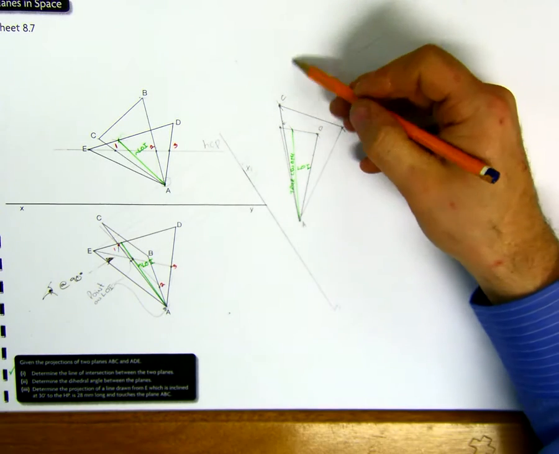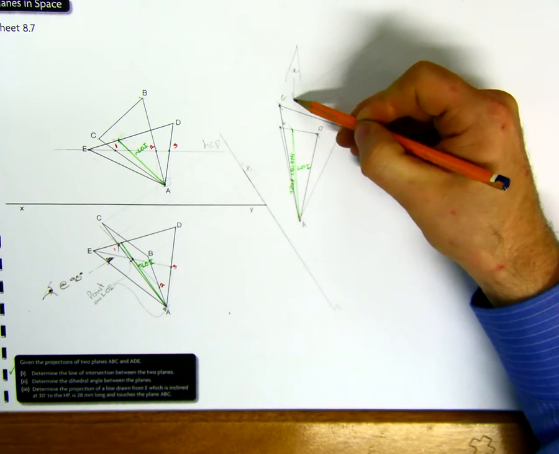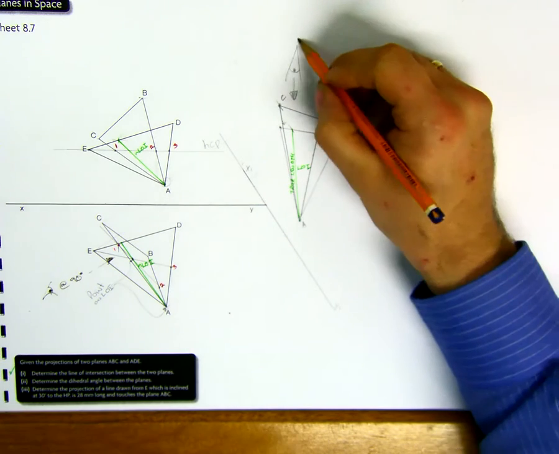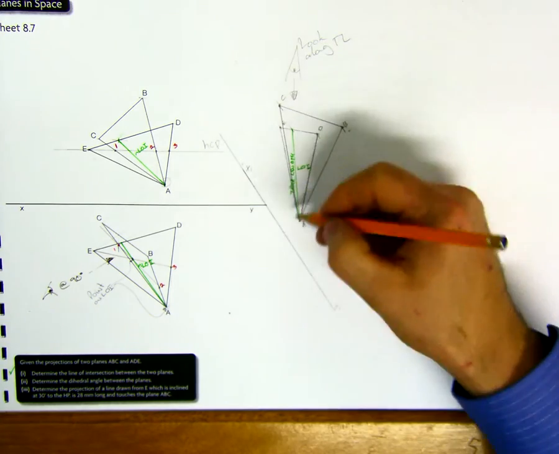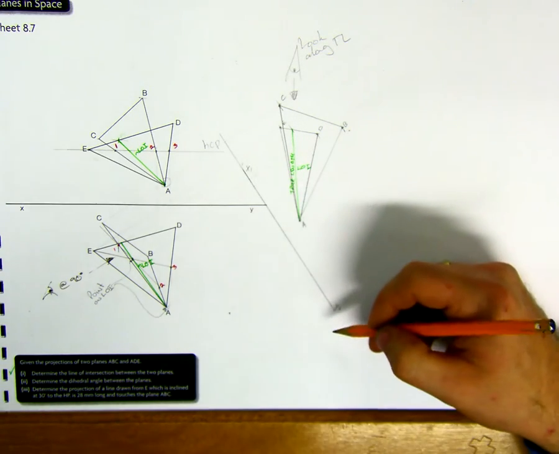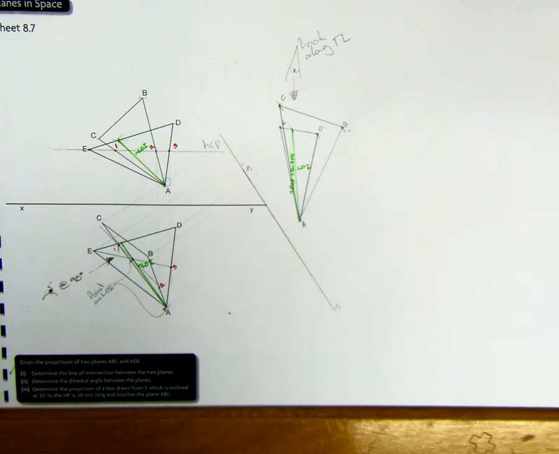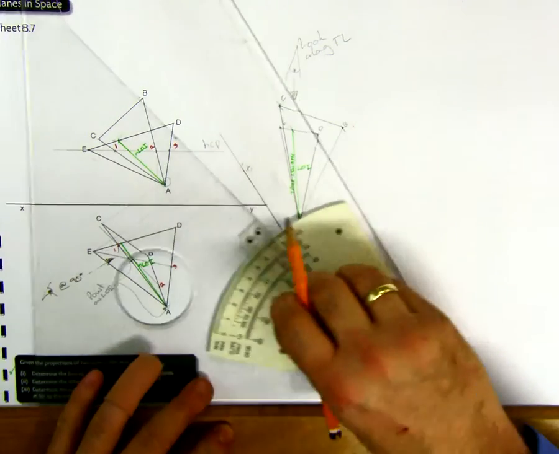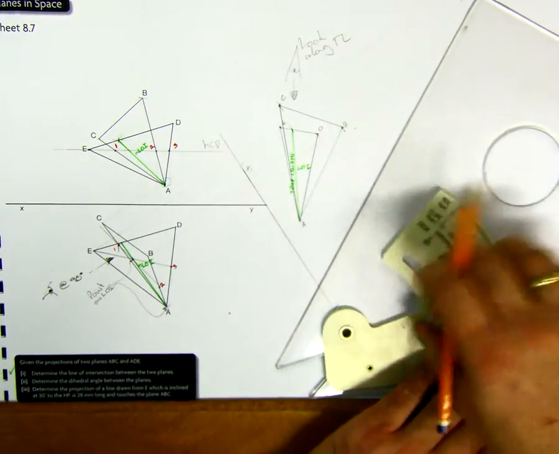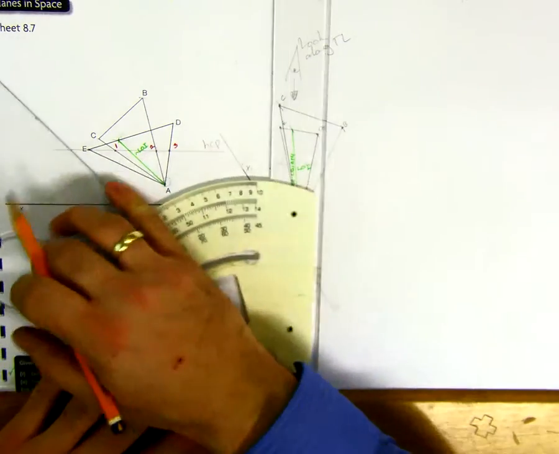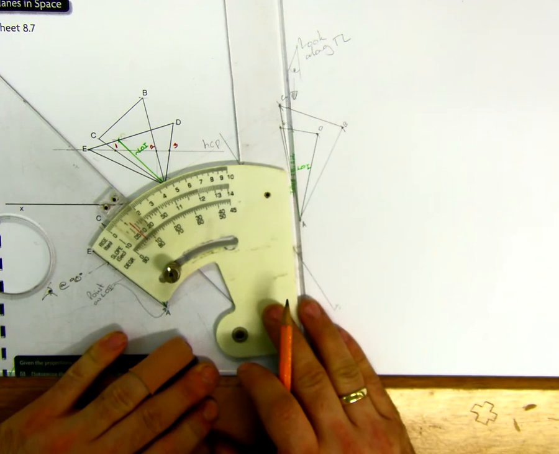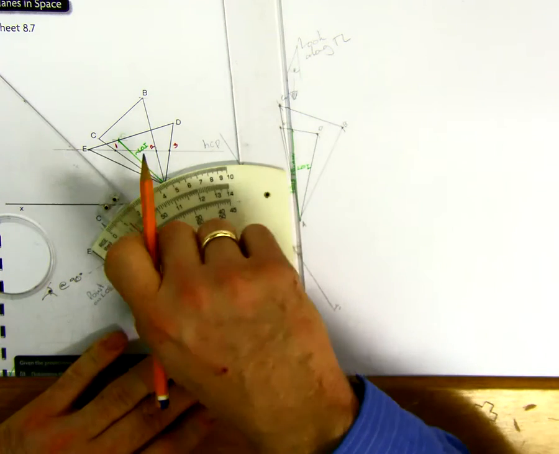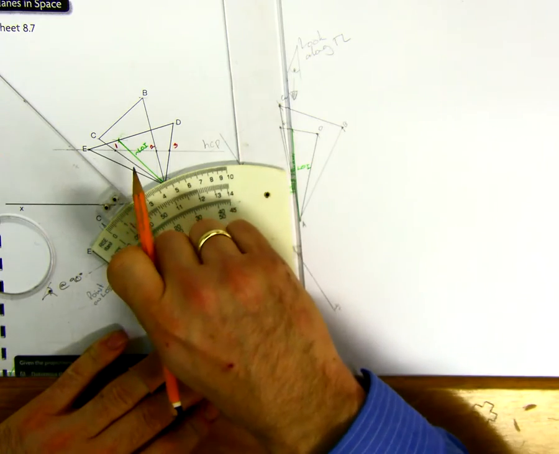Okay, so now we have to look along the true length to get the dihedral angle. So you see the intersection of the planes. The adjustable set square would be a good one to use here. So set it up parallel.